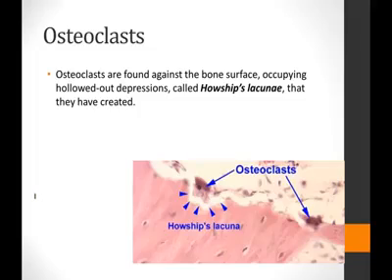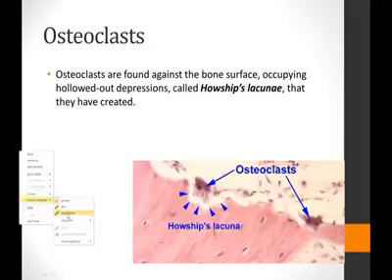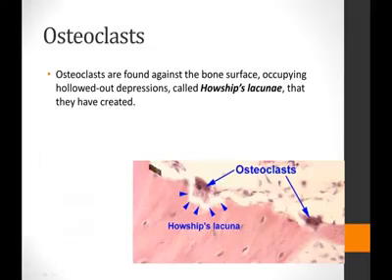It produces a hollowed depression which is called the Howship's lacunae, into which the osteoclast fits. तो इस फिगर में आपको बहुत क्लियरली नज़र आ रहा है, this surface of the bone basically the osteoclast has to resorb. This surface has produced these depressions, and these depressions are called the Howship's lacunae, जिनके अंदर आकर osteoclast reside करता है.